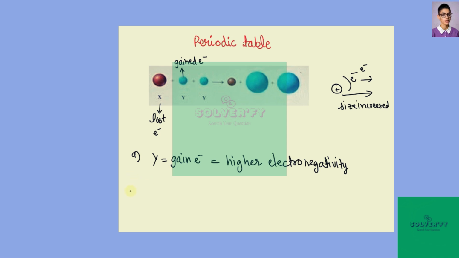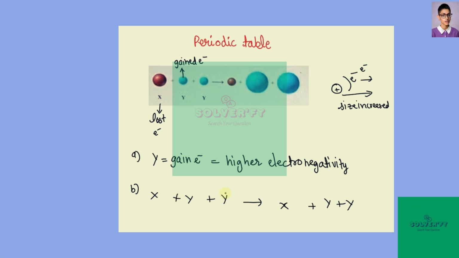So now let's move to the B part. We have to assign the charges on X and Y. So the reaction was like this. One X was reacting with 2Y, and 2Y were gaining electrons and X was losing electrons.